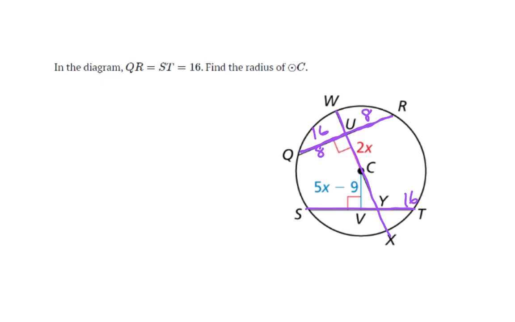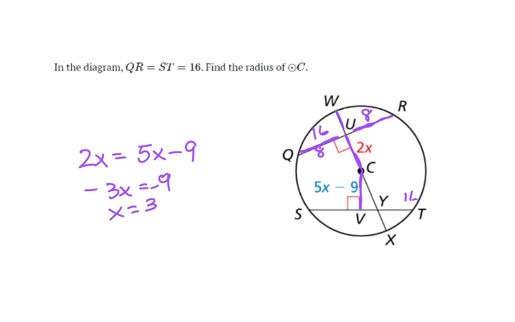I know that because of that theorem we just mentioned, the perpendicular distances from the center are the same because those 2 chords are the same. So I can say 2x is equal to 5x minus 9. And solve for x. If I subtract the 5x, that's minus 3x equals minus 9. So x would equal 3.